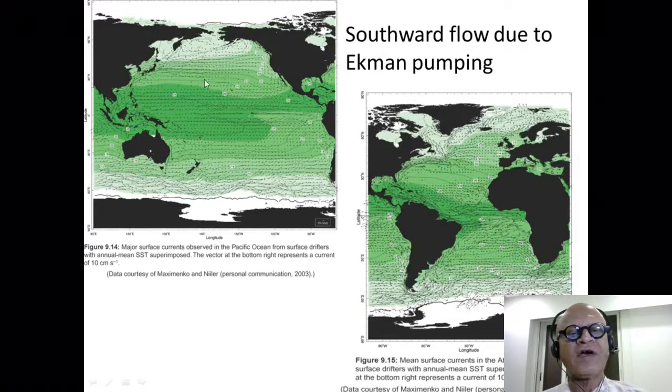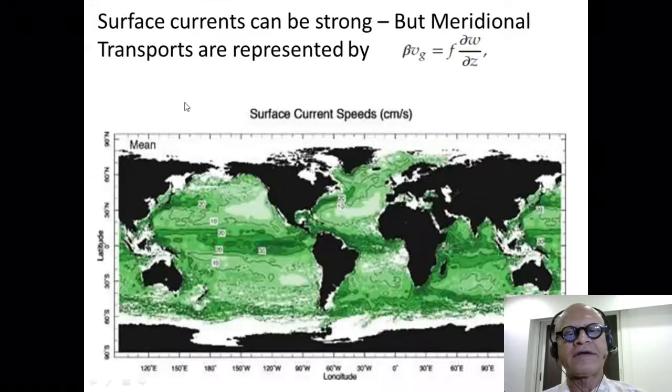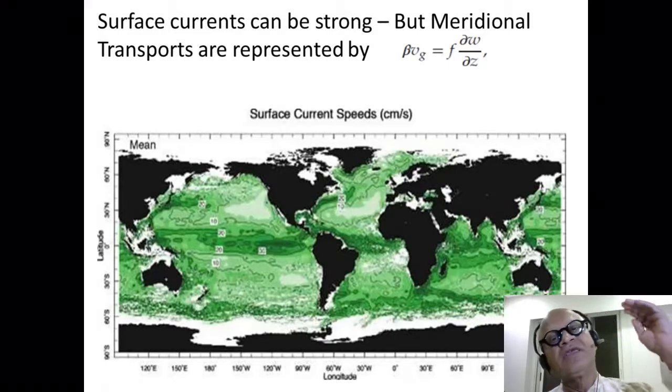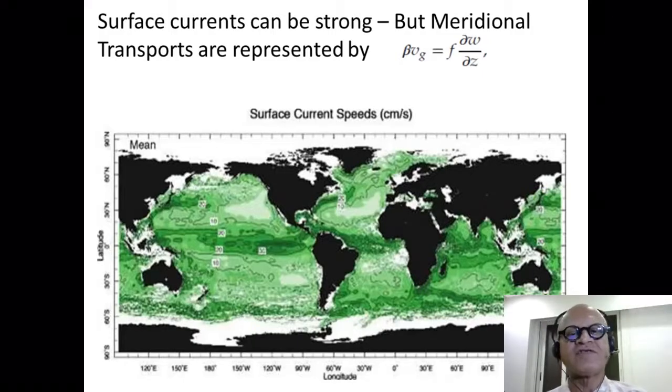So we have anticyclonic flow and Ekman pumping and southward transport here, which we wrote as beta Vg equal to f dW/dz. dW/dz can be simply written as W_Ekman divided by h, as we will see, because the velocity at the surface of the ocean is 0.